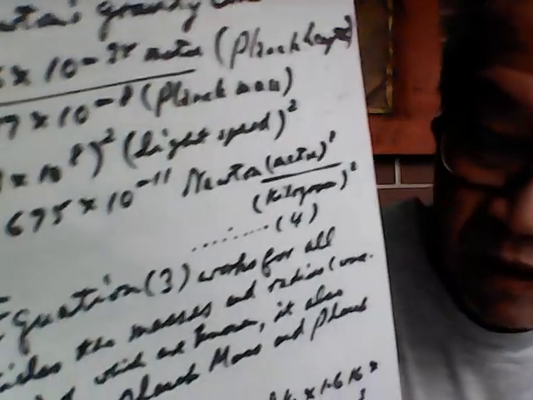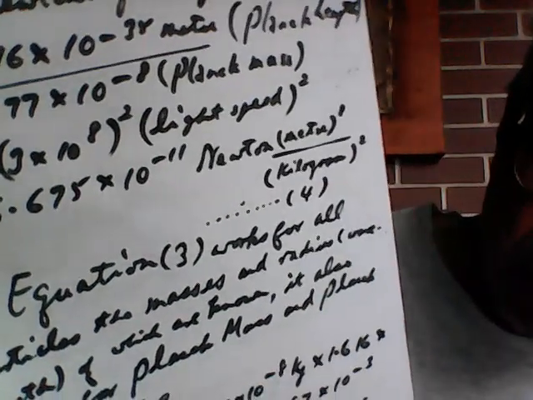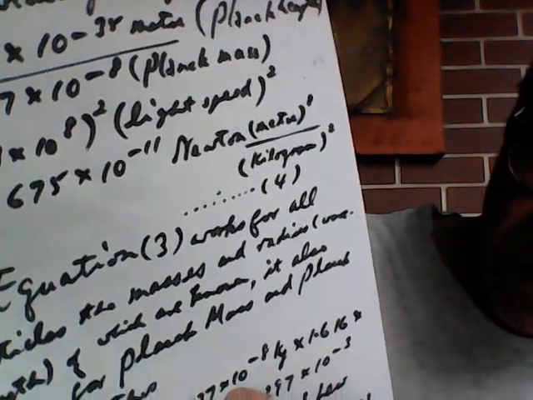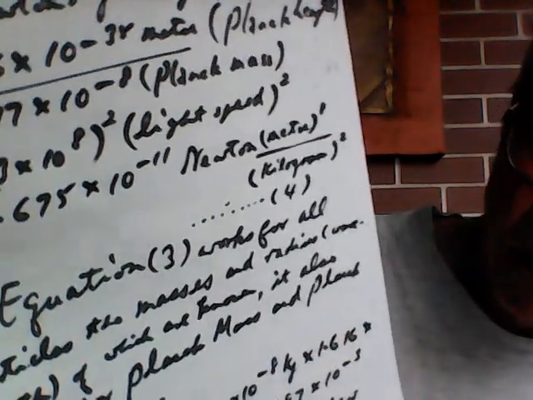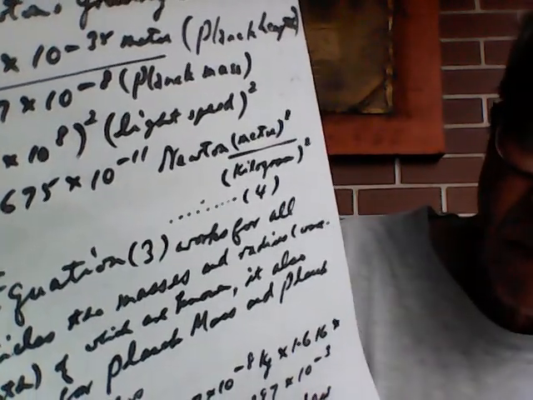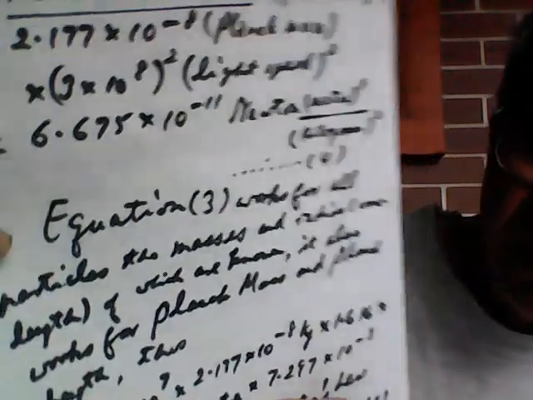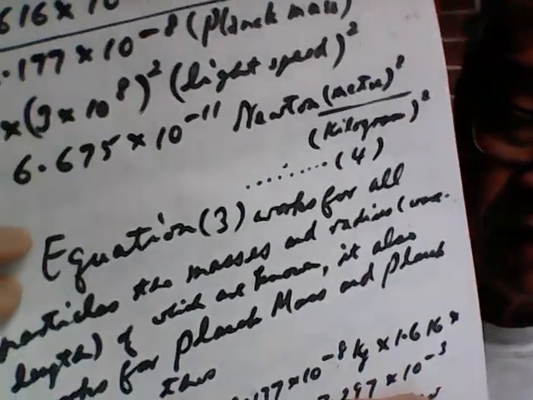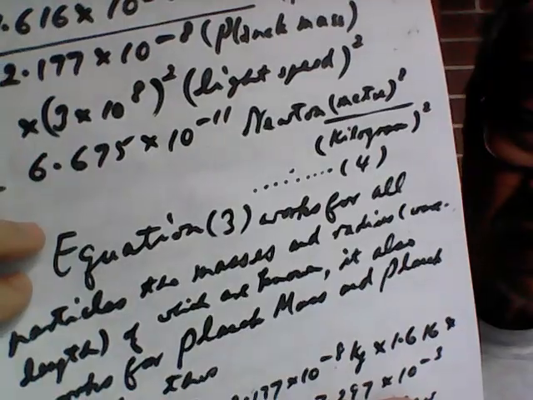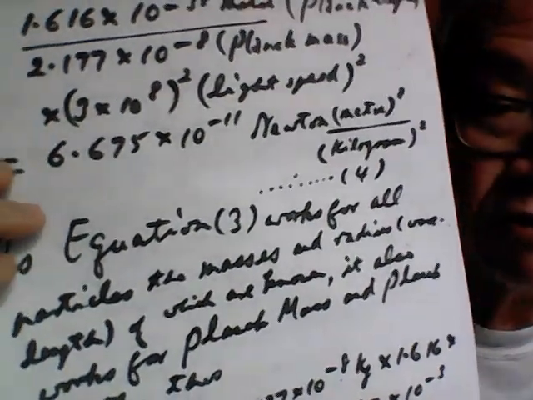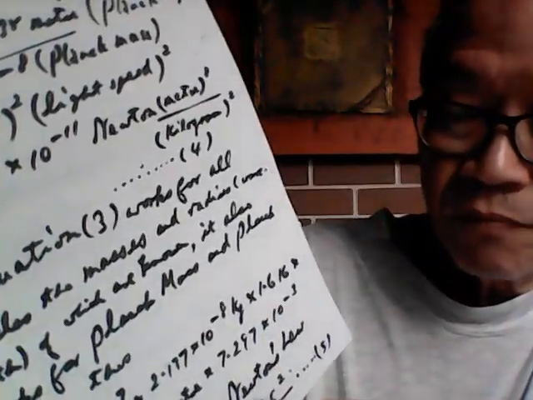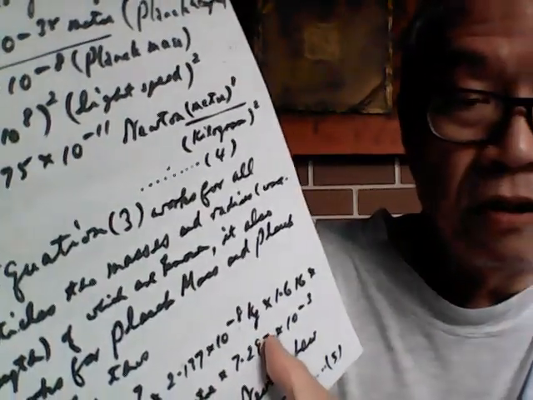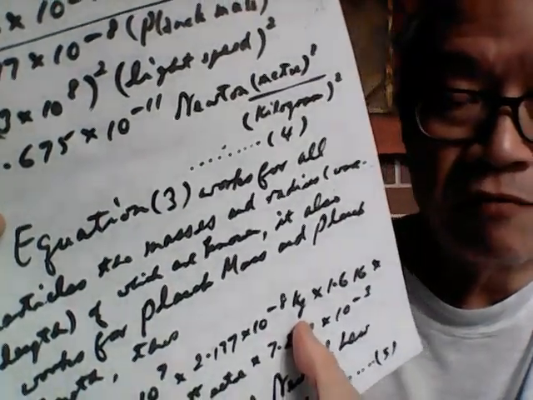Q square is equal to 10 to the power 7 times 2.177 times 10 to the power minus 8, the Planck mass, times 1.616 times 10 to the power minus 35 meter, this is the Planck length, multiplied by 7.297 times 10 to the power minus 3, the fine structure constant. It shows that it also works for Planck mass and Planck length.